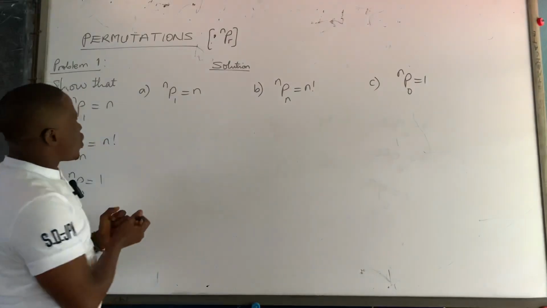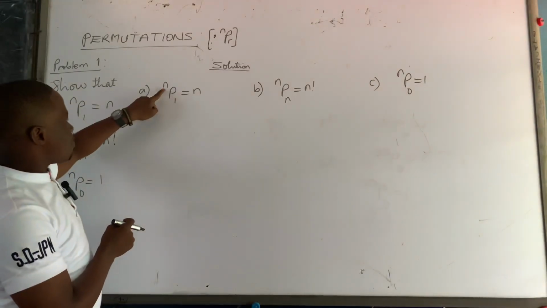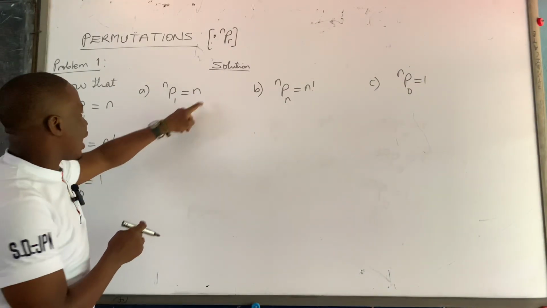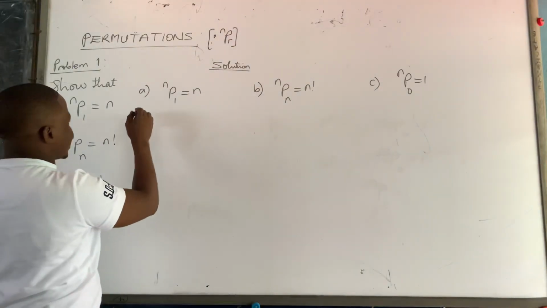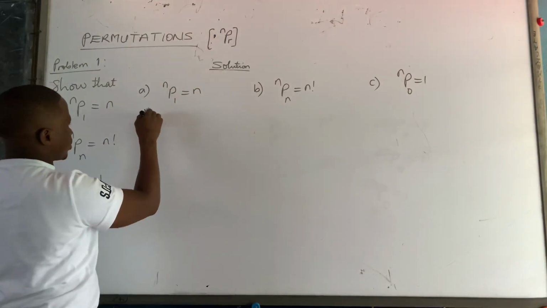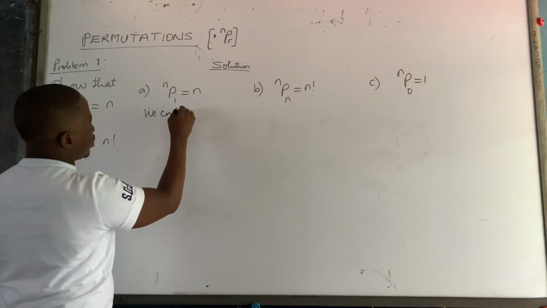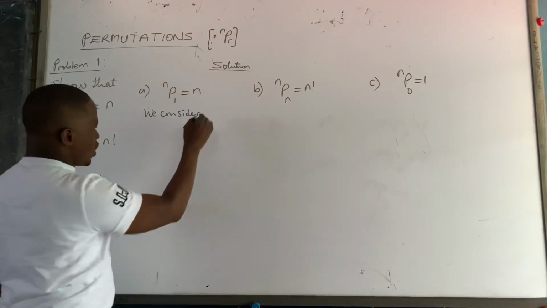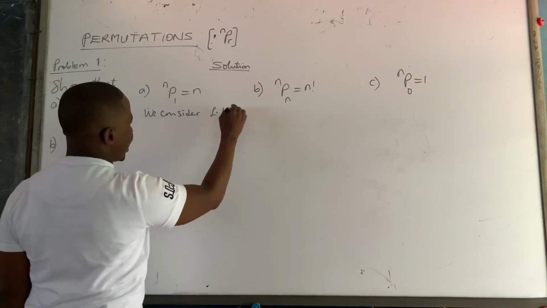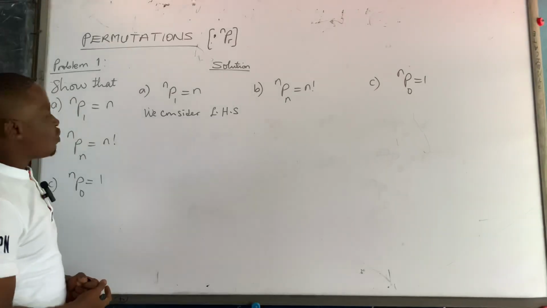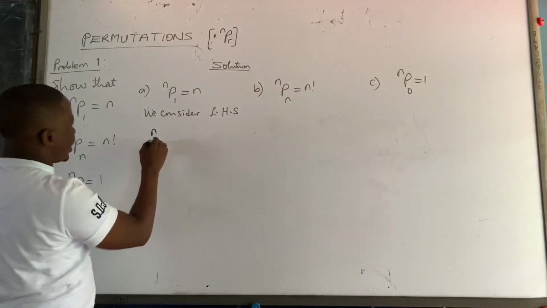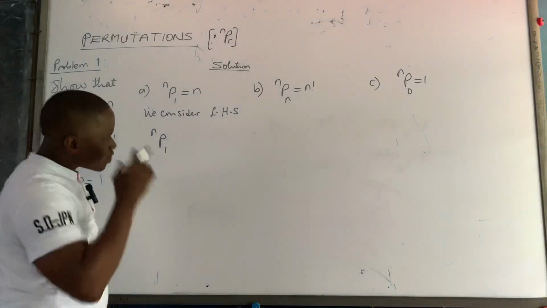Alright, if we want to show that n permutation 1 is equal to n, we consider the left hand side. What do we have on the left hand side? It is n permutation 1.